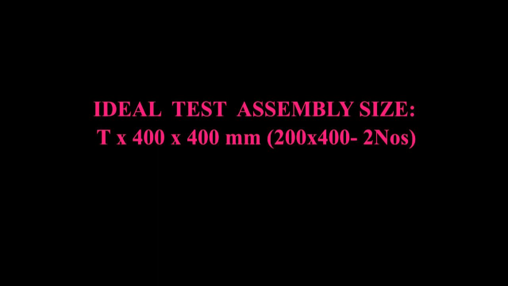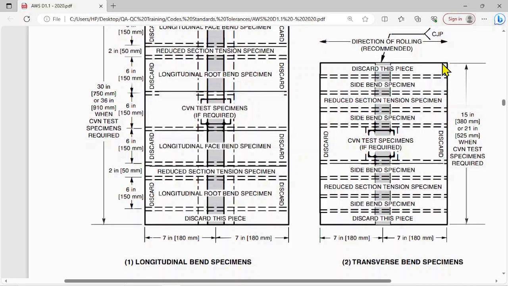Okay, because a longer and broader plate will always be slightly better. It will prove beneficial later on in case there is any problem while machining the reduced section tension specimen, they can draw another piece without retesting the whole thing.